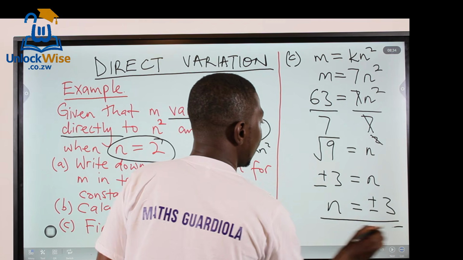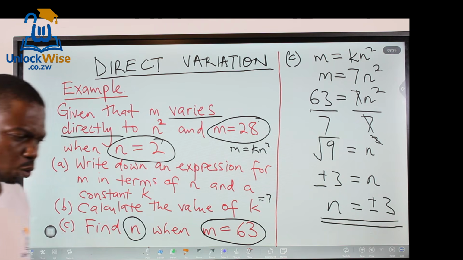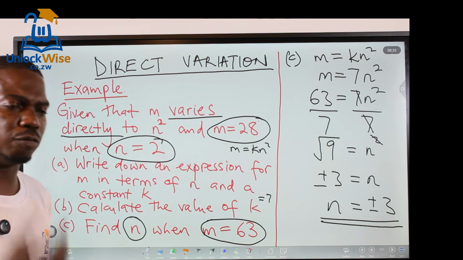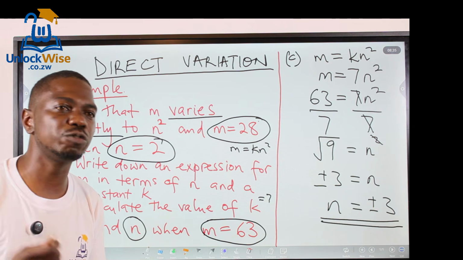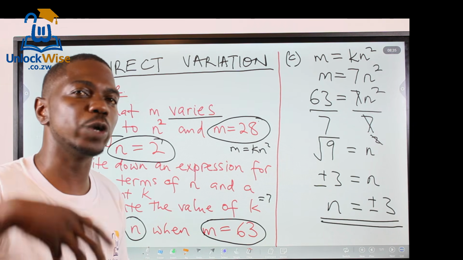So we are moving on to the next type of variation. This was direct variation. But one thing I also want to say before I move on is that for direct variation, as one quantity increases, the other also increases.